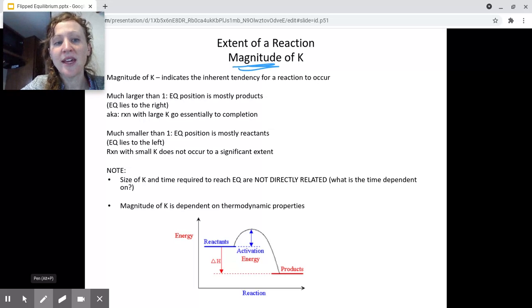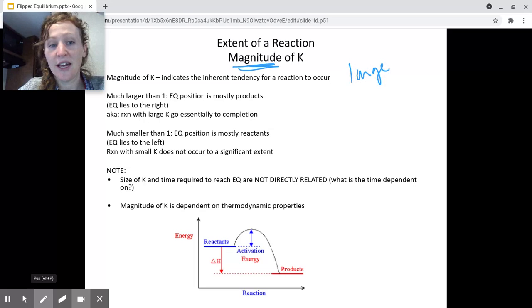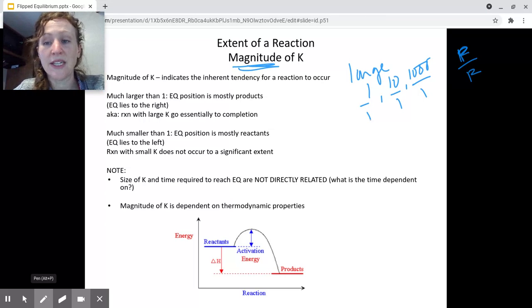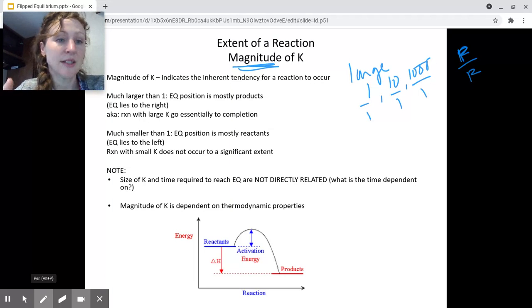So if K is very large, like even 1 or 10 or 1,000, that means that the ratio of products to reactants is 1-to-1 or 10-to-1 or 1,000-to-1, right?